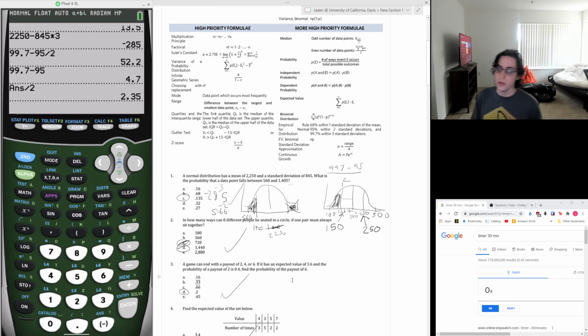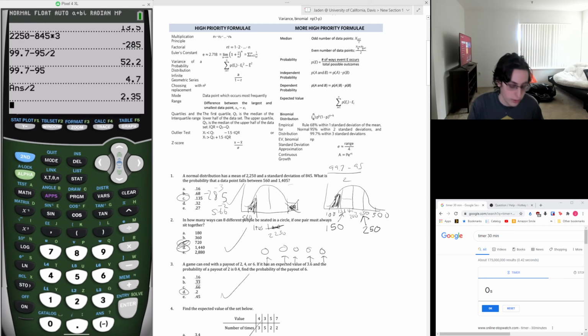Okay. So this is a combinations problem, or is it a permutation? I think this is actually permutations. So normally with a regular permutation, where you have, let's say, 5 people sitting in a line, this would just be 5 factorial different ways that they could be sitting together.